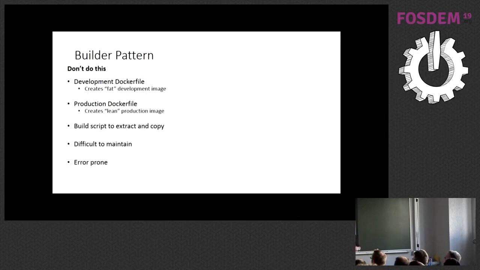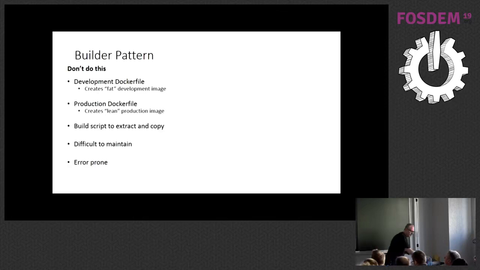With a builder pattern, you have two Dockerfiles. You could have more if you really wanted to. You've got a development Dockerfile which creates a fat image, and within that fat image, you're going to actually do the build of your application. And then you have a production Dockerfile, which is actually going to be your runtime environment.